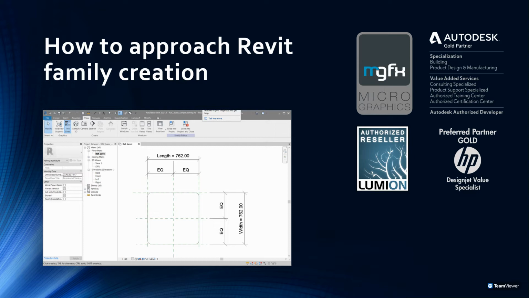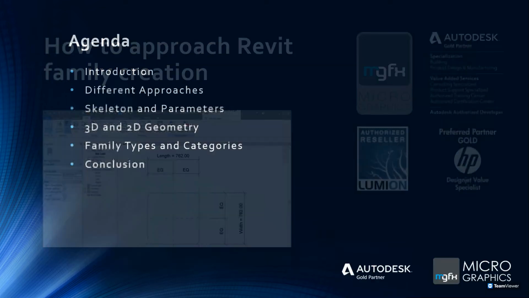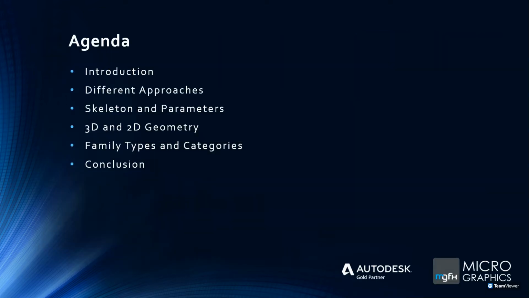So the webinar for this morning is on how to approach Revit family creation. Before we get into it, let's look at the agenda. We'll introduce the topic again, and then we'll look at different approaches to creating these families, what to consider, and the advantages and disadvantages thereof.